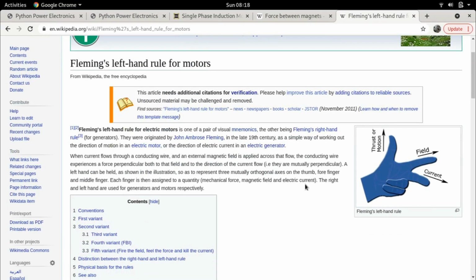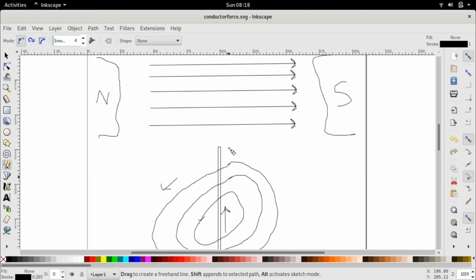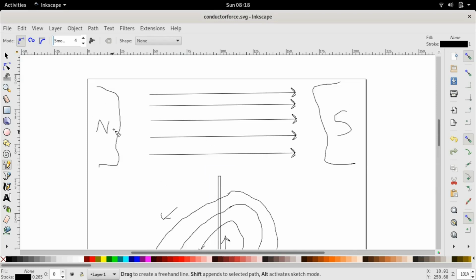There are two rules that Fleming came up with: a left-hand rule and a right-hand rule. The left-hand rule is what you use when you want to determine the direction in which mechanical force is produced when a current carrying conductor is placed in an external magnetic field, which is our case here, right? What we are doing is placing a current carrying conductor in an external magnetic field.